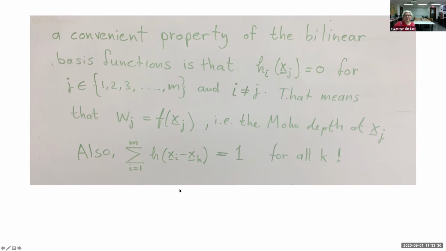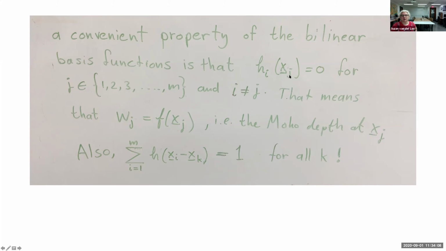As I said, the convenient property of these bilinear basis functions is that if you are on a grid point, and you want to know the value of all the basis functions at x_j, which is a grid point, then it is 0 for all i that are not equal to j.